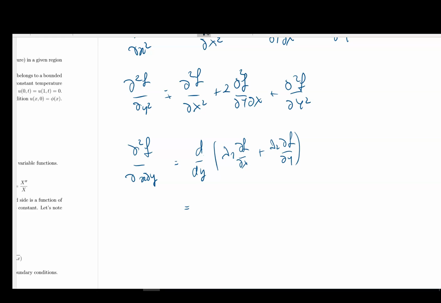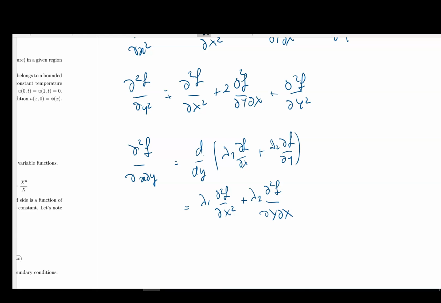So that's going to be lambda 1 times d over dy of df over dx, which is d2f over dx2 plus lambda 1 again times d2f over dy dx.